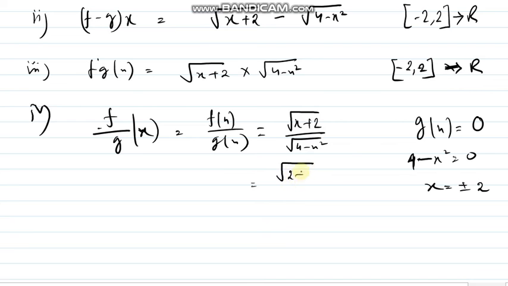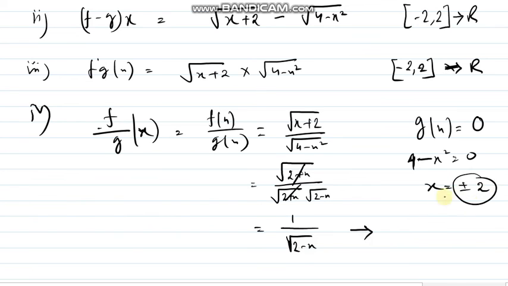If I simplify this, in the denominator we will have a plus b, a minus b, so this will be cancelled out, and the function will be like this. But here my domain can't have these two values, so my domain will be minus 2 to 2, and we should use the open bracket sign over here. The domain of this function will be this one, and the range as usual the real number set. Is it fine?